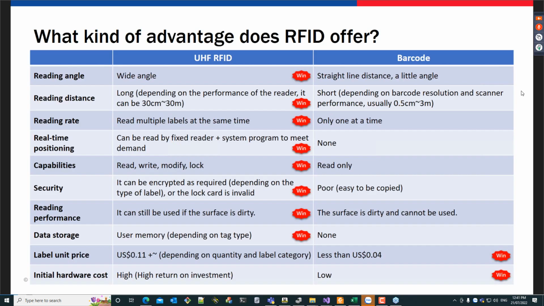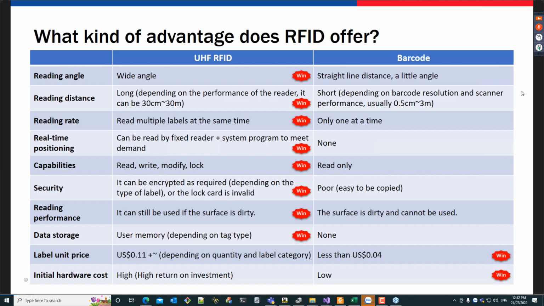RFID tags also have a longer reading distance than barcodes. Usually barcodes can only be read from within 3 meters, but with RFID tags you are able to read up to 30 meters. That will be more convenient for customers to read their own labels.